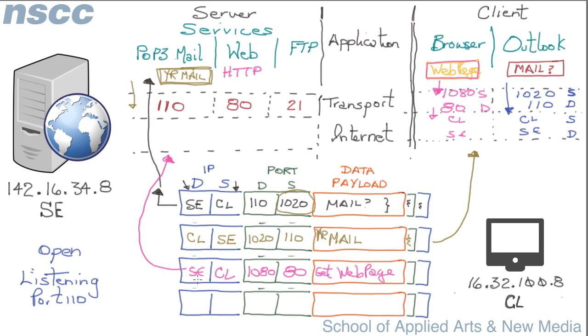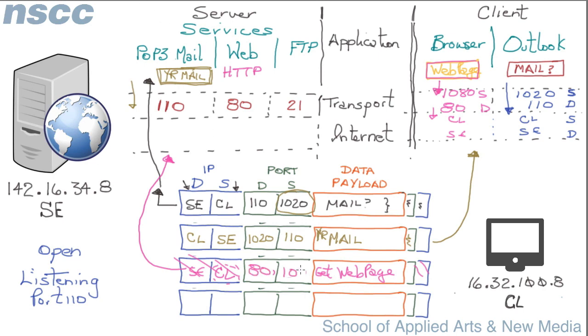Because the destination address is the same as the server, it gets processed, it keeps track of who sent the packet, and this gets stripped off. And the port addresses get sent up to the transport layer. And notice that I have the destination and source port mixed up here. My destination port should have been 80.